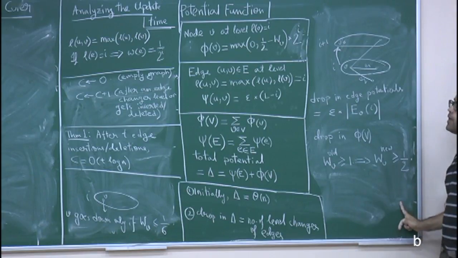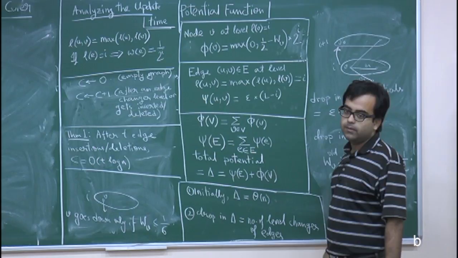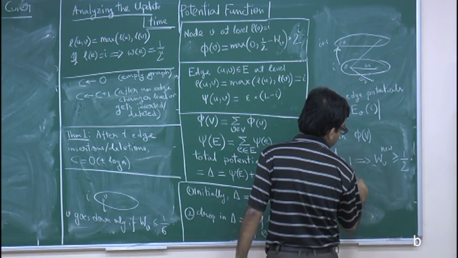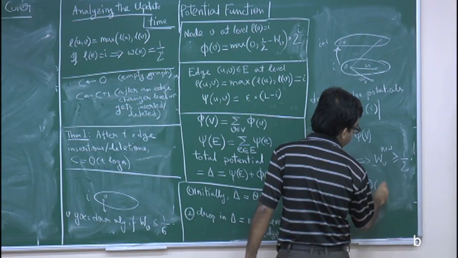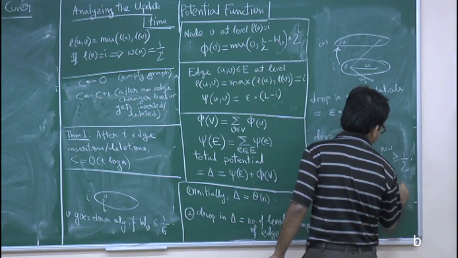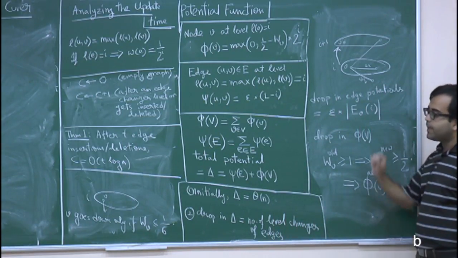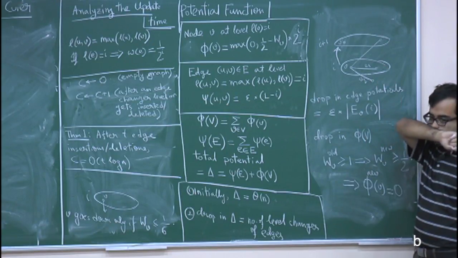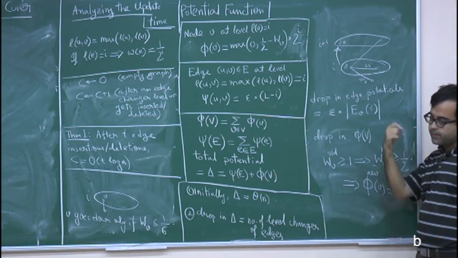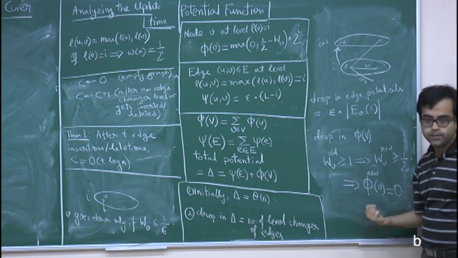and if V's new weight is at least half, what will be phi of V? That is going to be 0. So, that means that the new value of phi of V is going to be 0. And for any other node, any other neighbor of V, because if a node is not a neighbor of V, its phi value does not change.